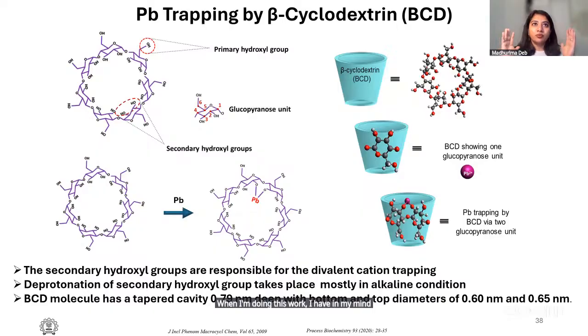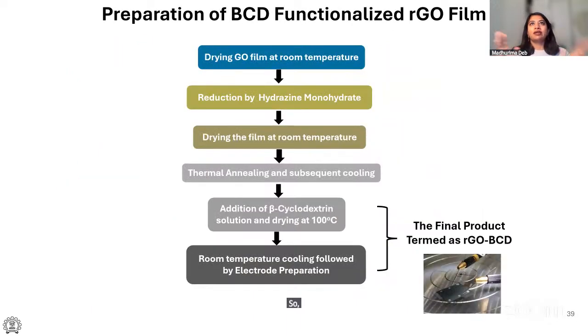So I have to make this sensor really responsive and selective towards lead. So this is how I modified my RGO film with beta cyclodextrin. And I'm not going into detail because it's mostly a material science thing.